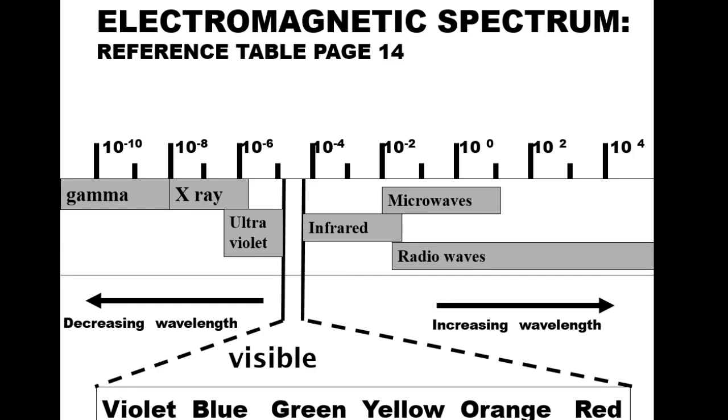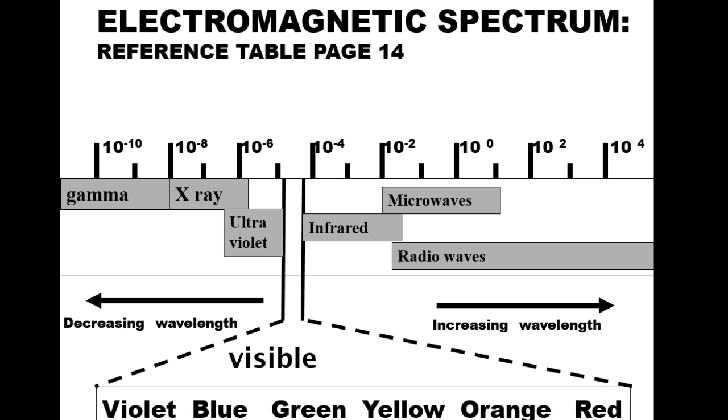Now, what you'll see is if you get out your reference table, and I'd like you to pause the video and take that out and open to page 14. On the bottom of page 14, you will see the electromagnetic spectrum. Now, your version does not have scientific notation along the top like this diagram does, but this diagram does a good job of showing you the different forms of energy that are emitted from the sun that we receive on Earth.